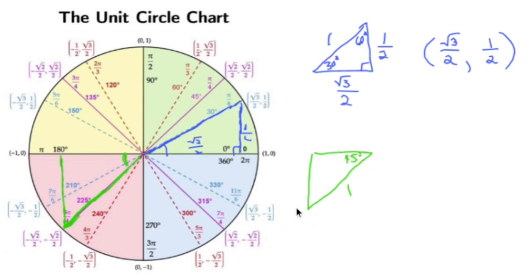Okay, which means you're 45 degrees. If I created a perpendicular line, you're 90, and I have myself a 45, 45, 90 triangle. This is 1.